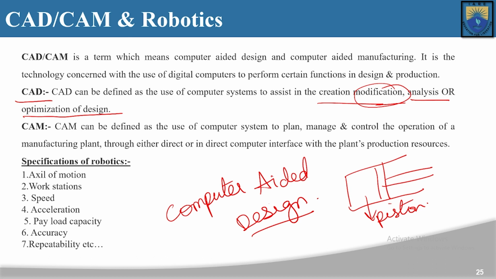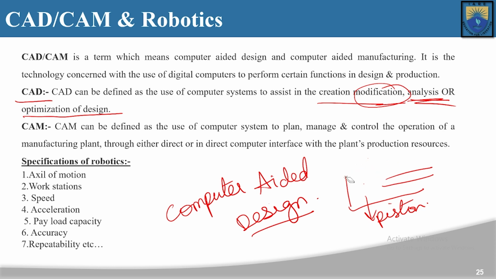Or if any analysis is to be done, right? If we need to apply any sort of stress or strain on this particular system and we are checking the analysis, any such analysis will be done using CAD, or any optimization of the design, or enlarging or shortening or reducing the size of the particular piston.